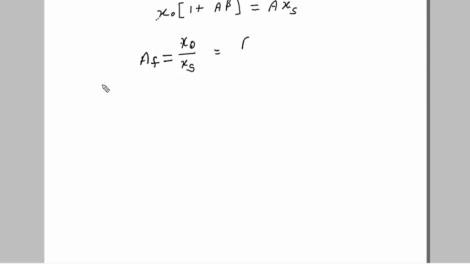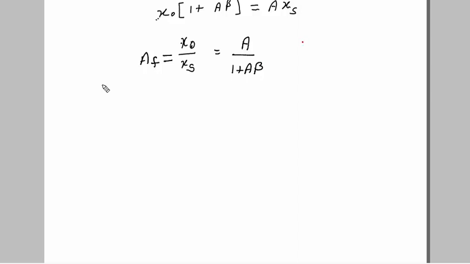Let's call it AF, meaning gain with feedback. A is the open loop gain of the amplifier. AF is the gain with feedback, or the gain of the feedback amplifier. So AF equals to x naught by xs, and we got this A upon 1 plus A beta.